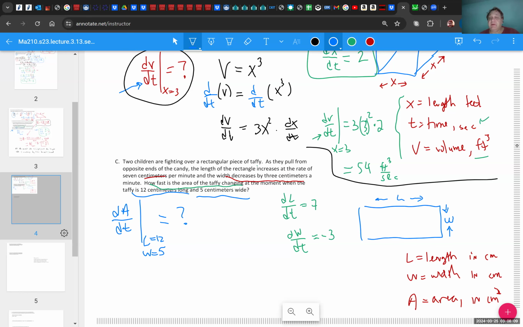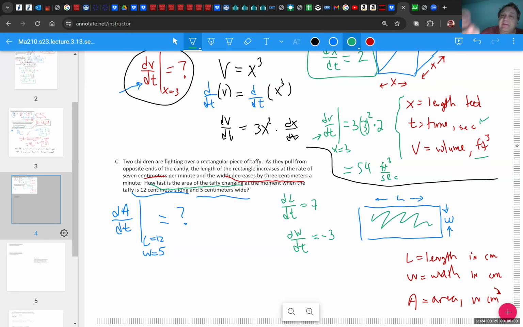Okay, so that's the setup for the problem. Write down the information in an organized way, using calculus, using math, that kind of thing. In order to find dA/dt, we need a formula for A. We need some sort of equation that includes the letter A, and we differentiate it with respect to t. So what's the formula for A? Well, A is the area, and you may remember the area of a rectangle. So we have a rectangle here.